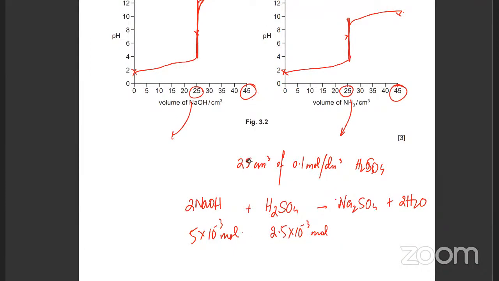So if this is 0.1 mole per dm cube, then the amount of NaOH for equivalence would be 50 cm cube. That's when you're going to get 5 times 10 power minus 3 moles. So remember the equivalence point, you can definitely use C1V1 = C2V2. But remember, C1V1 = C2V2 can only be used if the ratio is 1:1. You can't use it if it's 1:2.